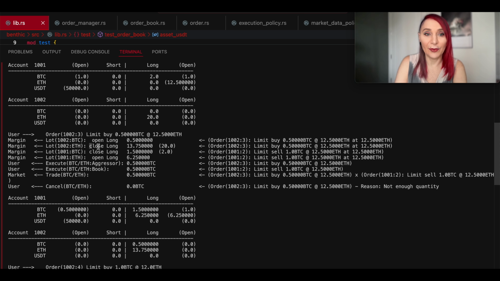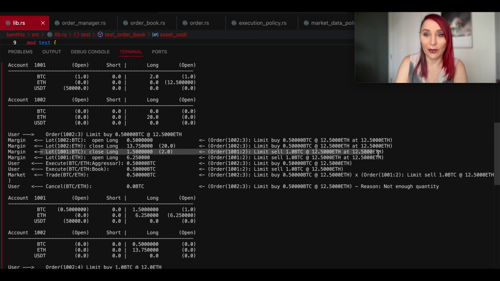And we can see that we're closing this 6.25 and the remaining quantity is 13.75, right? Because it was 20. So the original quantity was 20 and the quantity left on the lot is 13.75. That's after the portion of the lot was closed, okay? And that's again the same order. So those are the 2 lots that were matched for user 2.